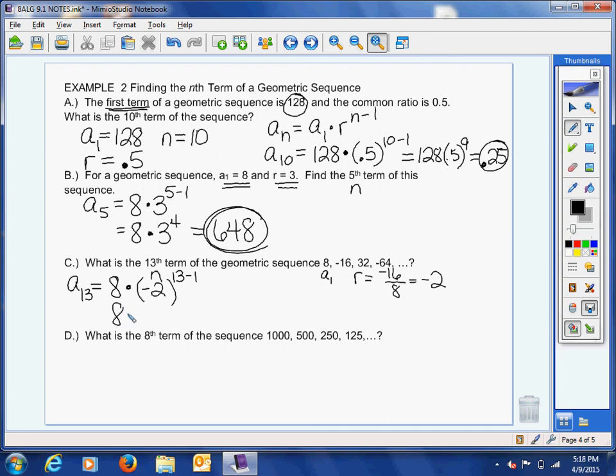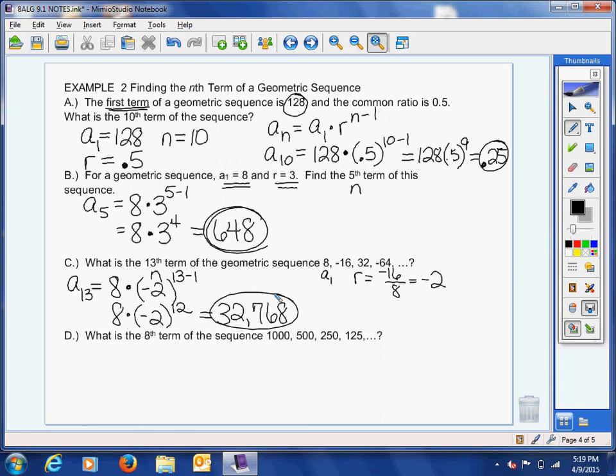So in your calculator, this is how it should look when you plug it in. You're going to do 8 times, and then in parentheses, put your negative 2 and raise it to the 12th power. And you should have a pretty large number. 32,768, my calculator says. There's your 13th term.